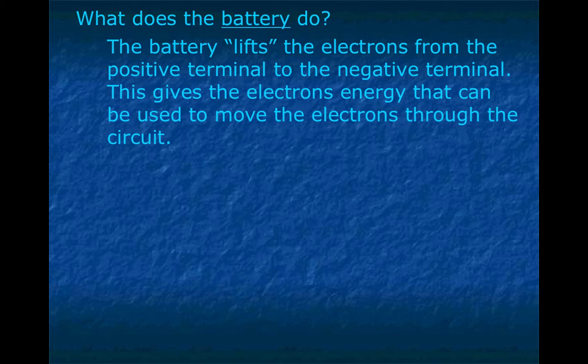And those two negative things close to each other are wanting to repel. So that gives the electrons potential, again, something we talked about in electrostatics, to do some work as they go through the circuit. So electrons are given energy that can be used to move the electrons through the circuit.